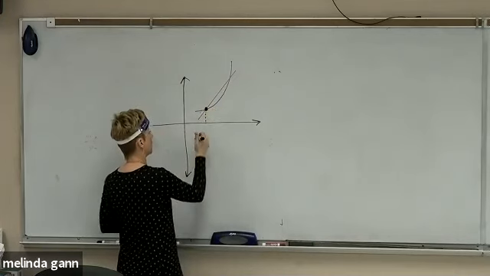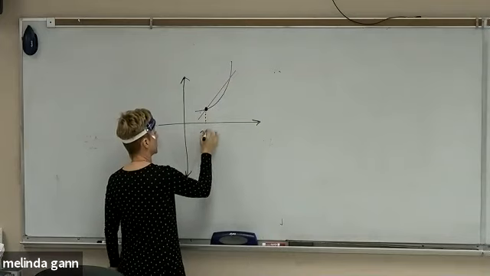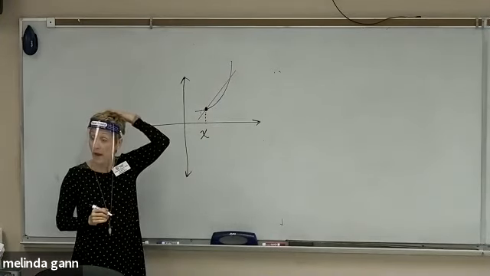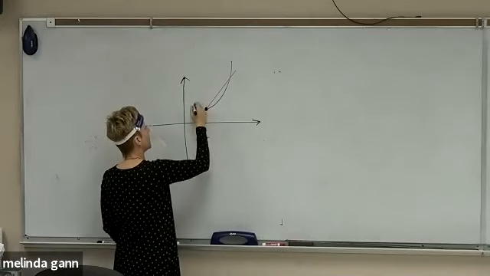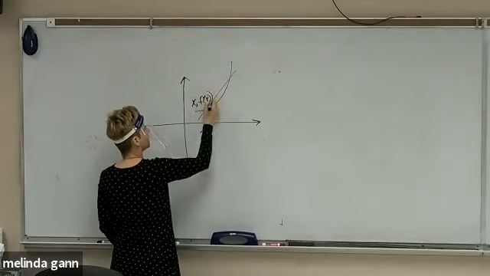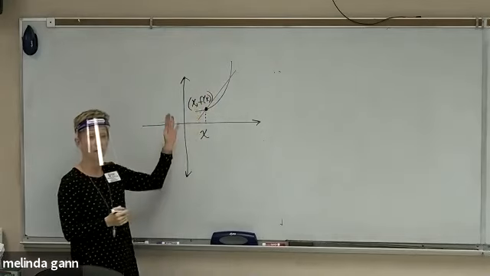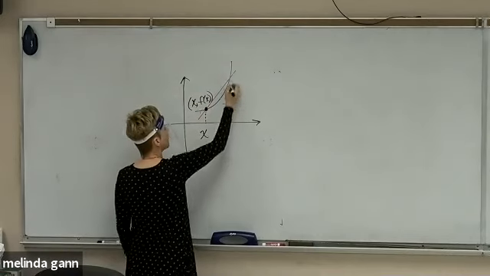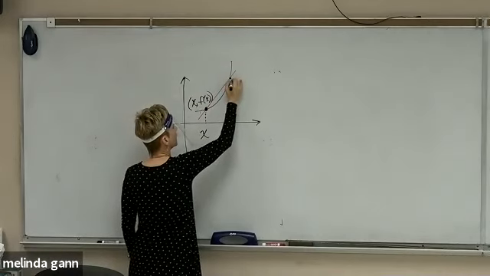All right, so I'm going to call that X. Now, that means this point would be X, and then whatever you got when you stuck that X in a function. So that's F of X. Now, I'm going to move over to like here.